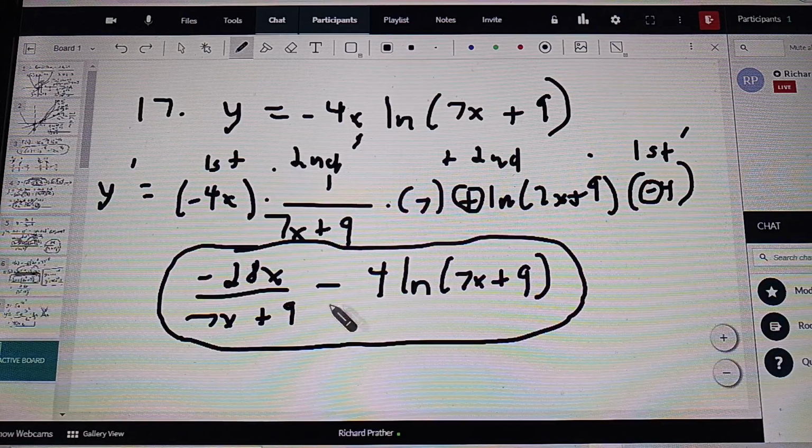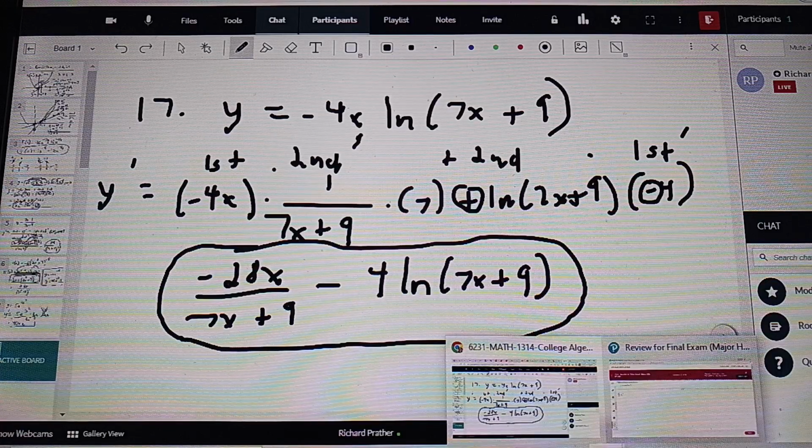So I've cleaned it up as much as possible. There's no very easy simplifying remaining. The 7 times the negative 4, you may as well multiply that together. Why not do that? That's easy. But getting a common denominator here wouldn't really be necessary, so why waste time and make mistakes in doing so?